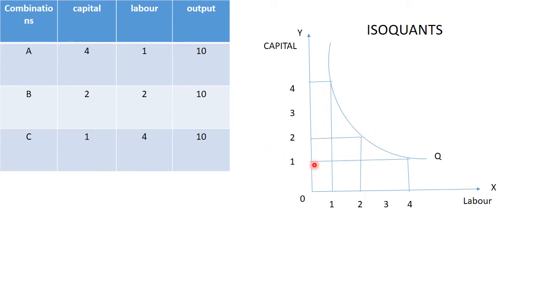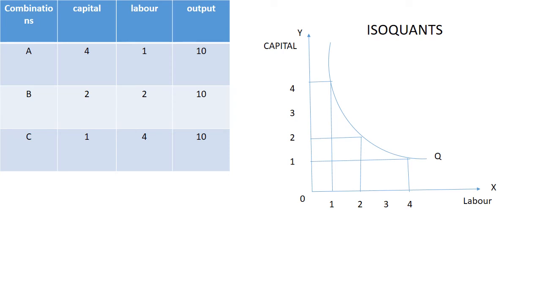The same can be shown with the help of a graph. So this is a two-dimensional graph. Here we have taken x-axis, y-axis. On y-axis we are representing capital, x-axis represents the labor. Combination A: 4 units of capital and 1 unit of labor.